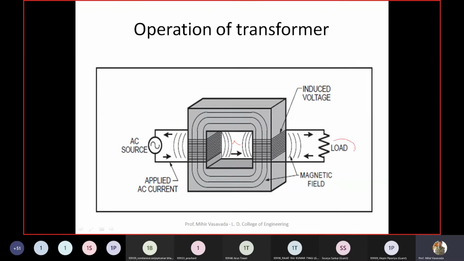If you connect a load on the secondary winding, then current will flow and the power from the source is transferred to the load. That is why it is called a transformer. It transfers electrical power without any electrical connection between the two windings. So diagrammatically, you can understand the working of the transformer here.